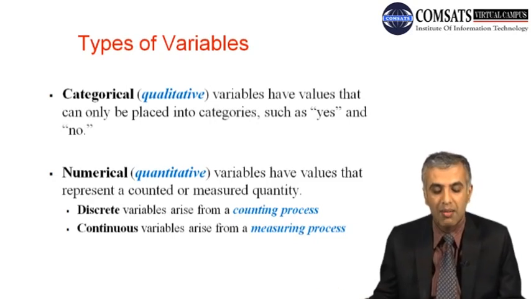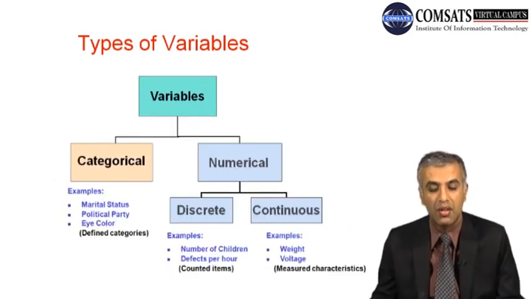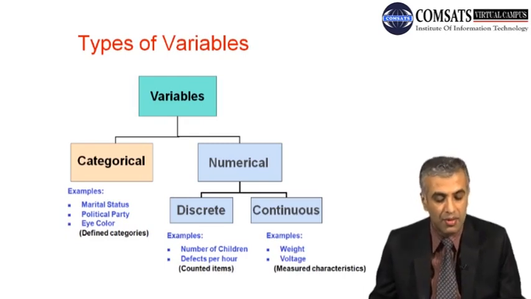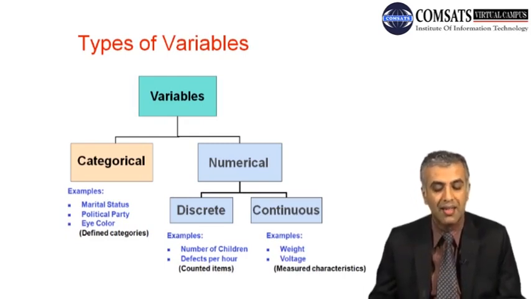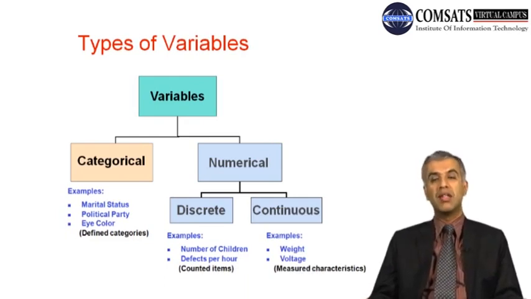So we have two major types, which you can see here: categorical and numerical. In categorical, the examples are marital status and political party. We are basically dealing with categories.